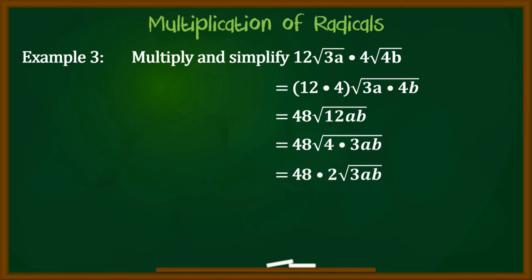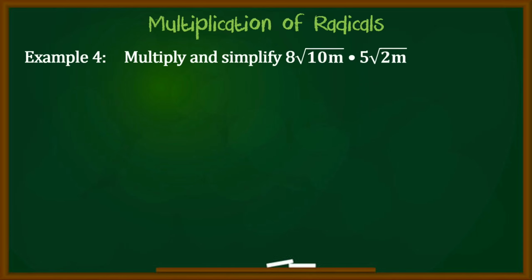Extracting the square root of 4, we have 48 times 2 square root of 3ab. 48 times 2 is 96. Bring down the square root of 3ab. Therefore, for our product, we have 96 square root of 3ab.